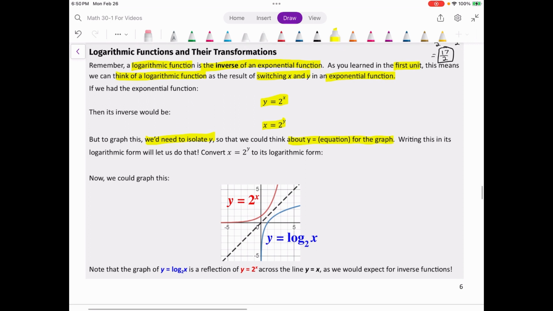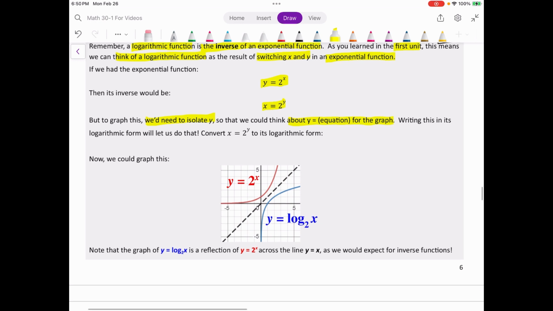So writing this in its logarithmic form, right now it's not like that. Remember what I said: when we have the thing we want to isolate in the exponent, the only way to deal with that is using logarithms. No operation can get y out of this exponent except bringing logarithms into the mix. So let's convert x equals 2 to the power of y into its logarithmic form.